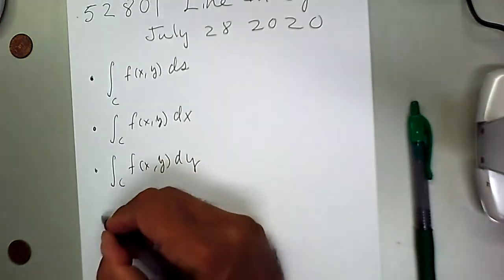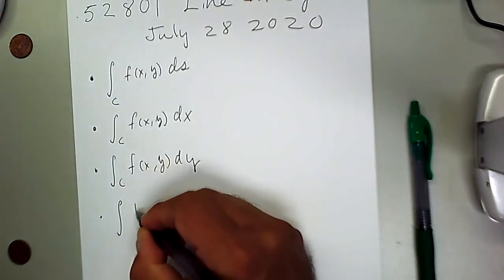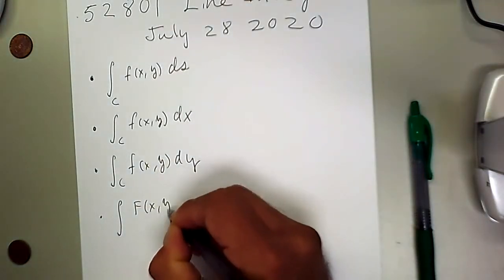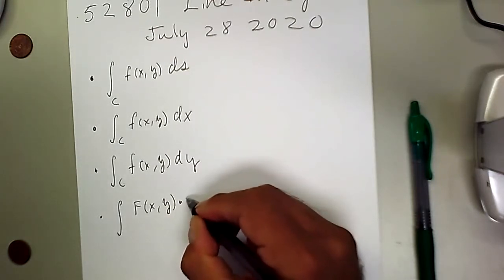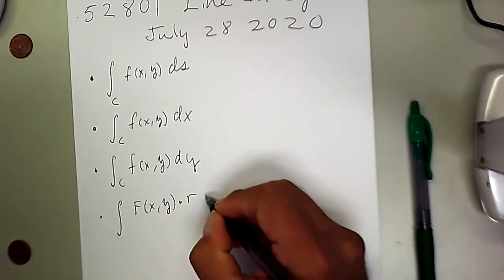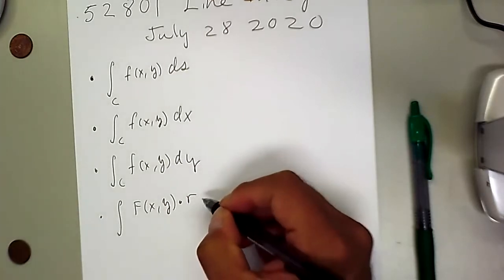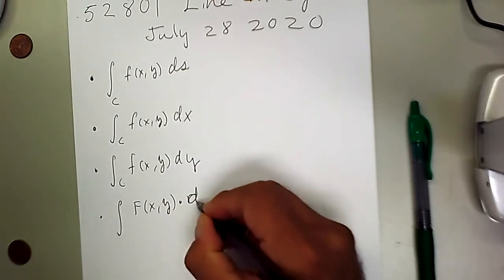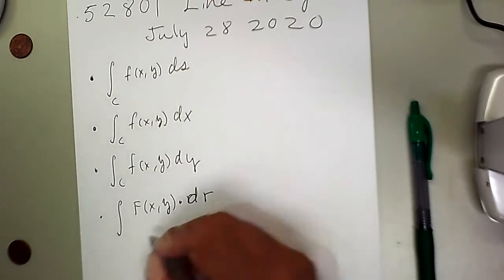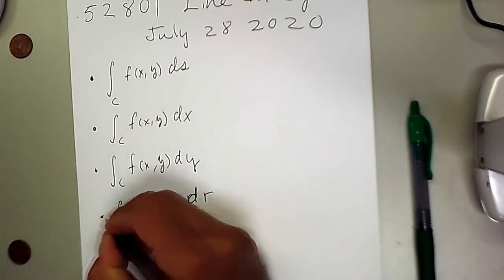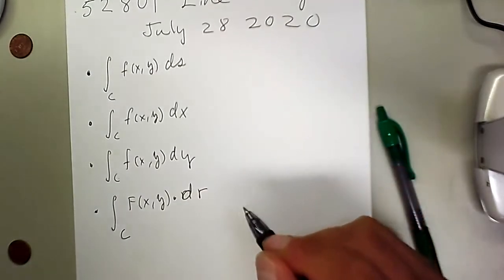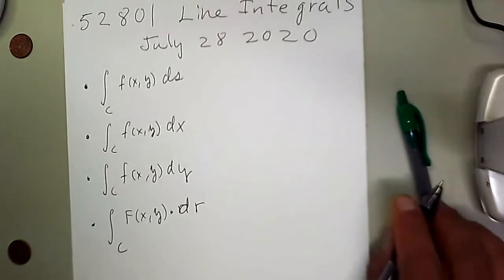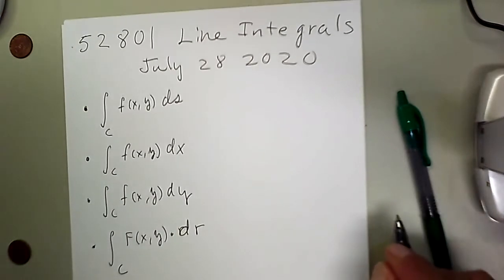But then we can have a vector field, which we can integrate with respect to the path. Actually, it's dr, with respect to the path taken by this curve. So we have four different integrals, and we're going to see more in future videos.